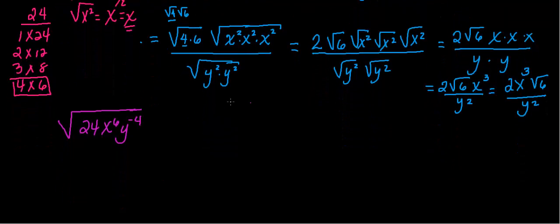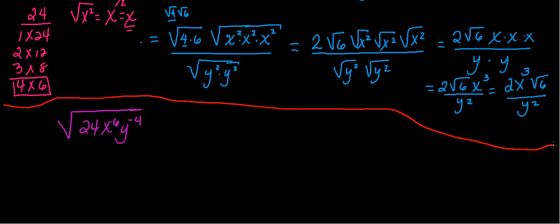For your first step, you still have to rewrite this as 24x to the 6th power over y to the 4th power. You still have to write that exponent as a positive exponent in the denominator, okay?